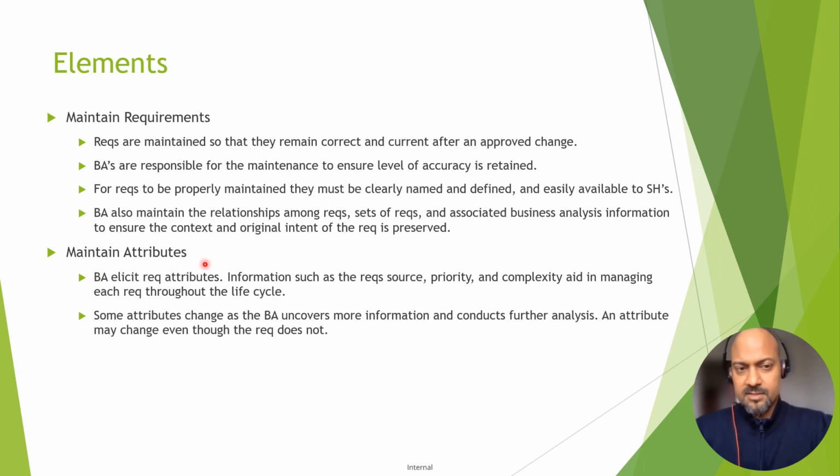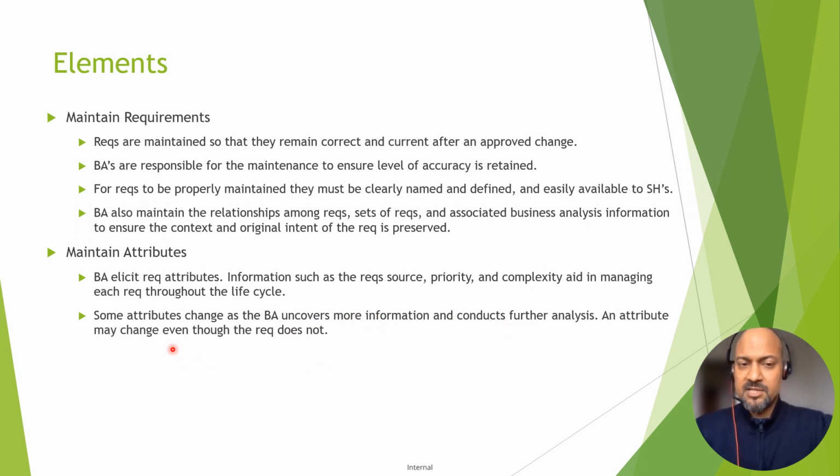Maintain attributes. Business analysts elicit requirement attributes, and it happens during the elicitation phase itself. Information such as the requirement source, priority, and complexity aid in managing each requirement throughout the life cycle. Some attributes change as the BA uncovers more information and conducts further analysis.